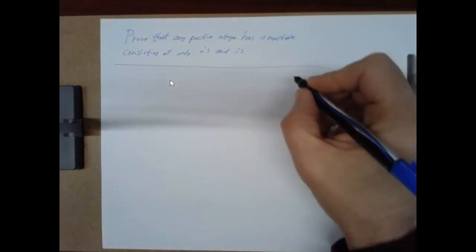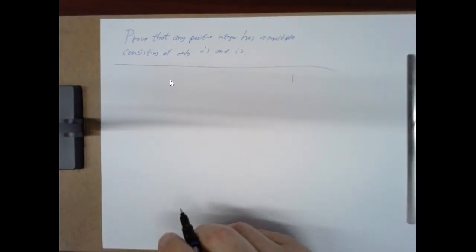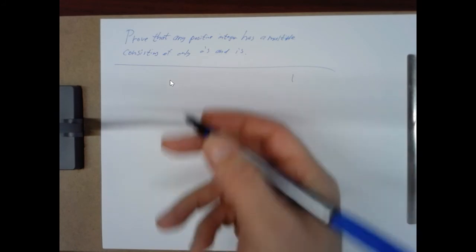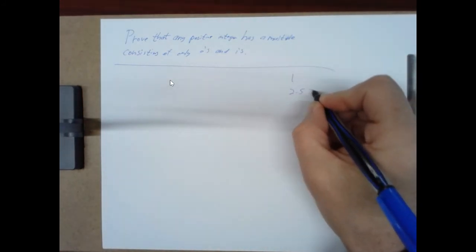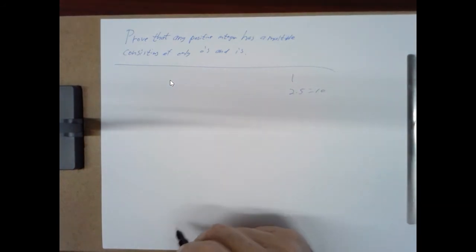So does this work? Well, 1 multiplied by 1 is an integer consisting of just ones and zeros, so that's easy. 2 times 5 is 10, so that works. What about 3?